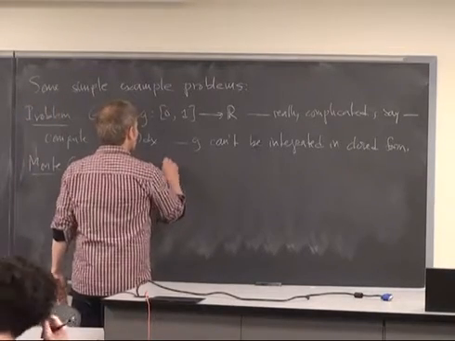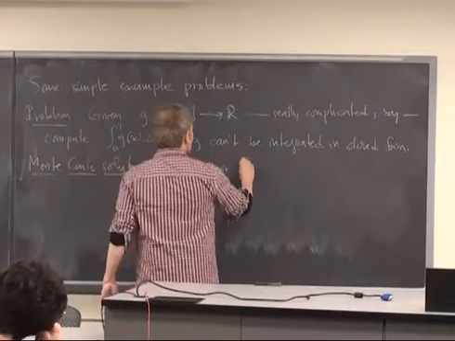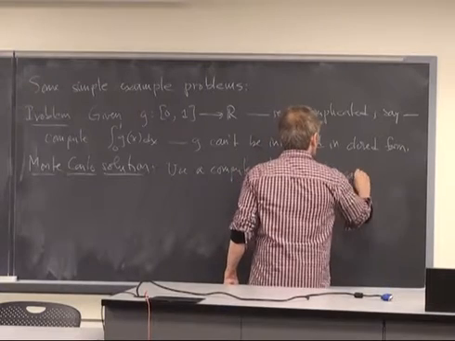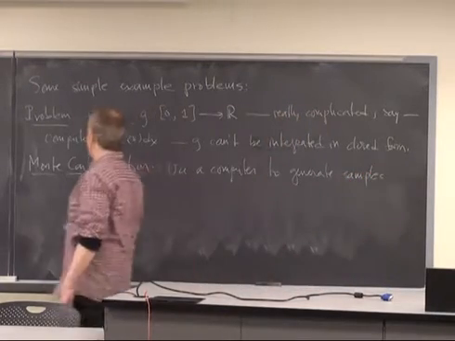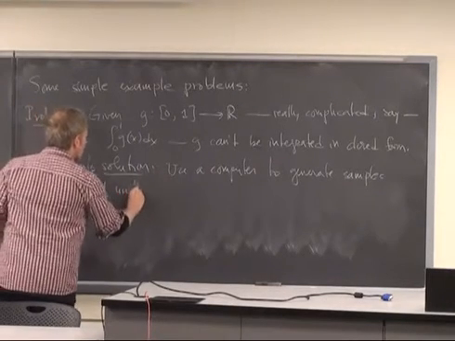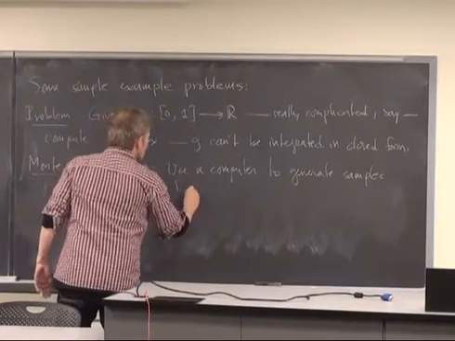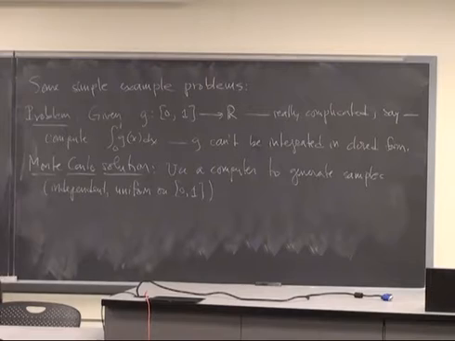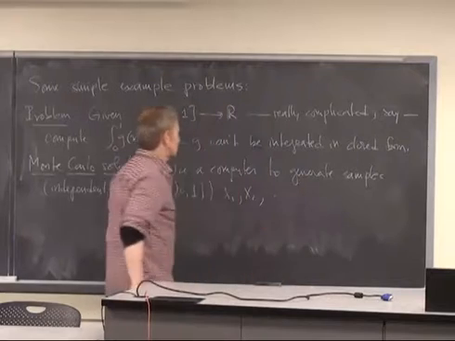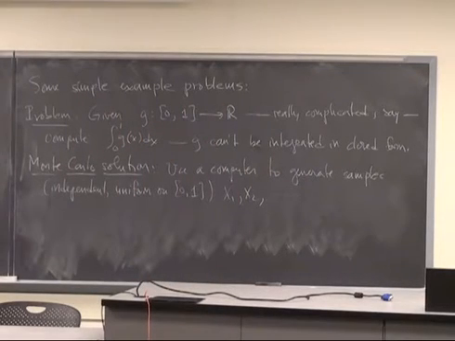So you use a computer to generate samples, and these are independent and uniform on 0, 1. And I'm going to call those x1, x2, and so on and so on. So you can think of x1 and x2 and so on as being either the sample record of a bunch of IID uniform random variables or as those uniform random variables themselves.